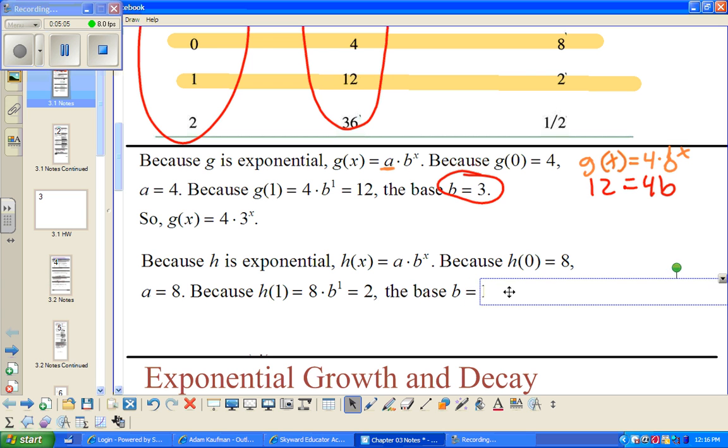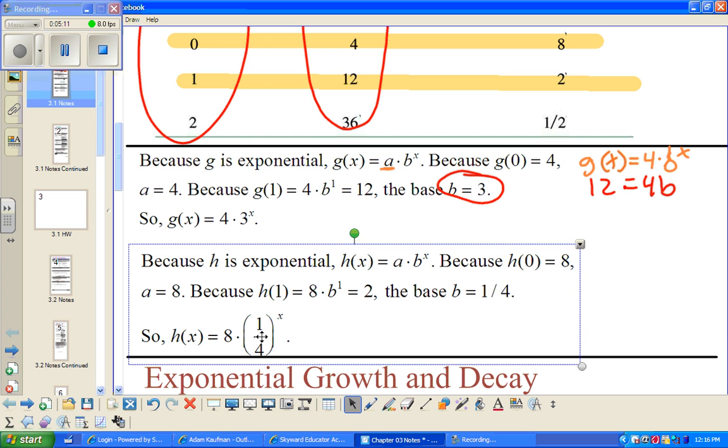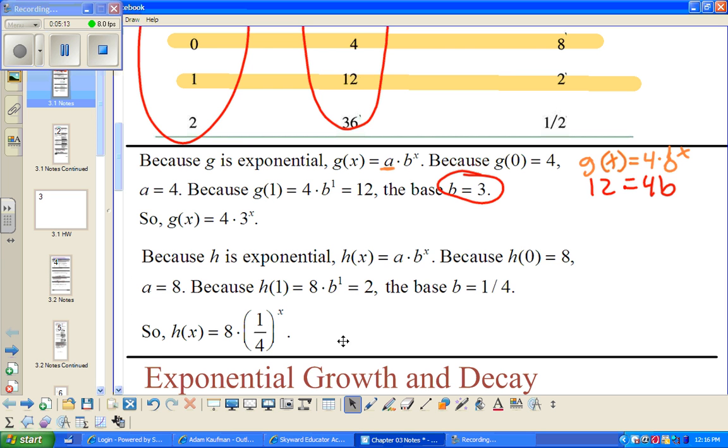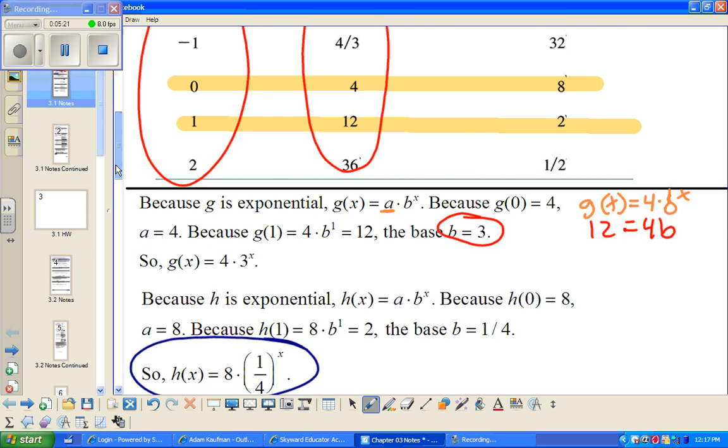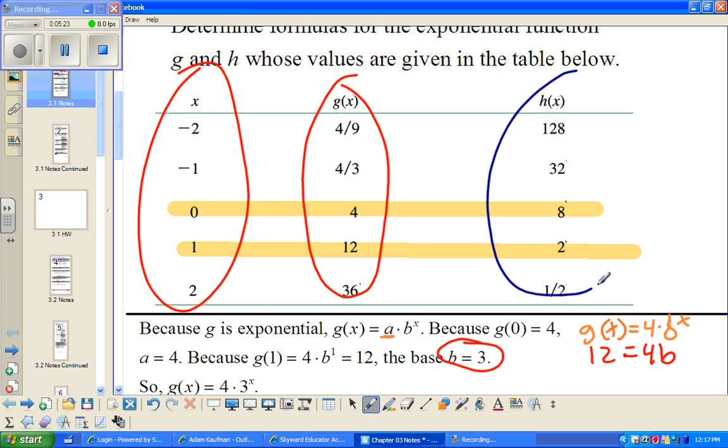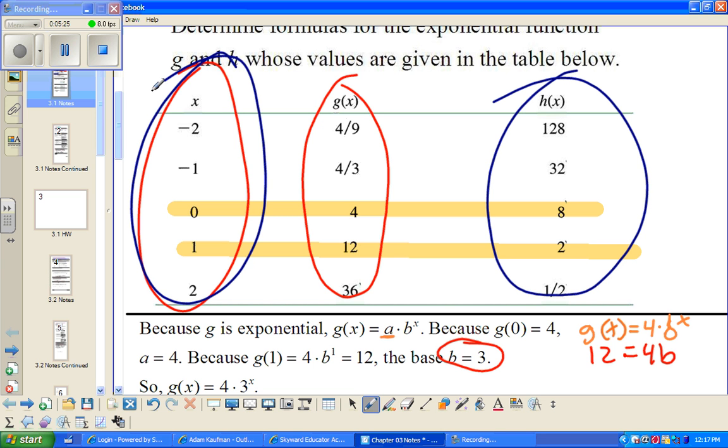So plug in those values, and you got b to be 1/4, I'm sure. So there's your exponential function that goes with the data in that third column. So this function matches up with this data here. Piece of cake.